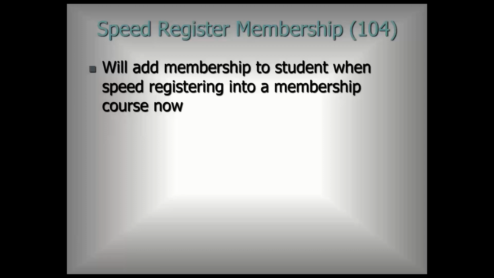It'll take care of your memberships from now on. It adds memberships to students that don't have one, and for existing students that had a previous membership, it updates that expiration date for you. So that should all be nice and kosher now.